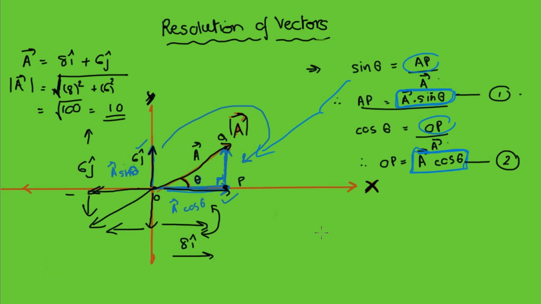So if this is a graph given to you and you are given a vector which goes in this direction, the y component will be positive because it runs along the positive direction of y, but the x component will be negative because it runs along the negative direction of x. So this will be negative and this will be positive. Negative, positive.